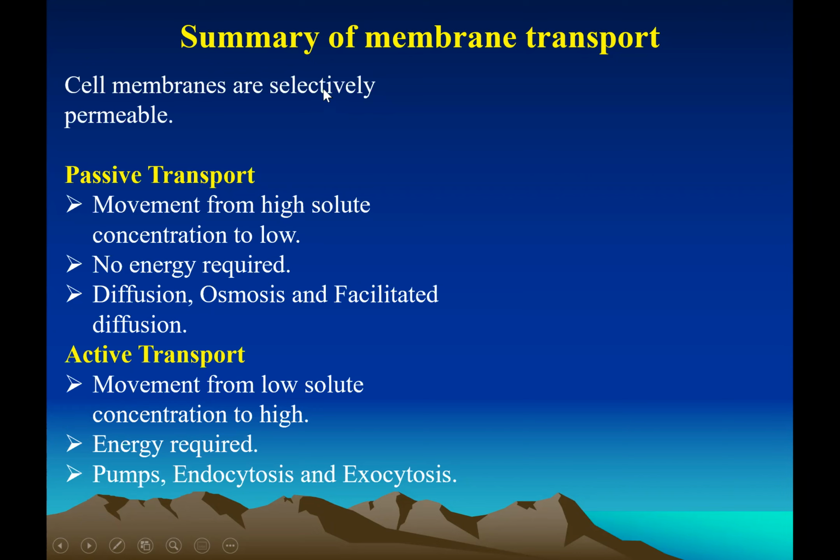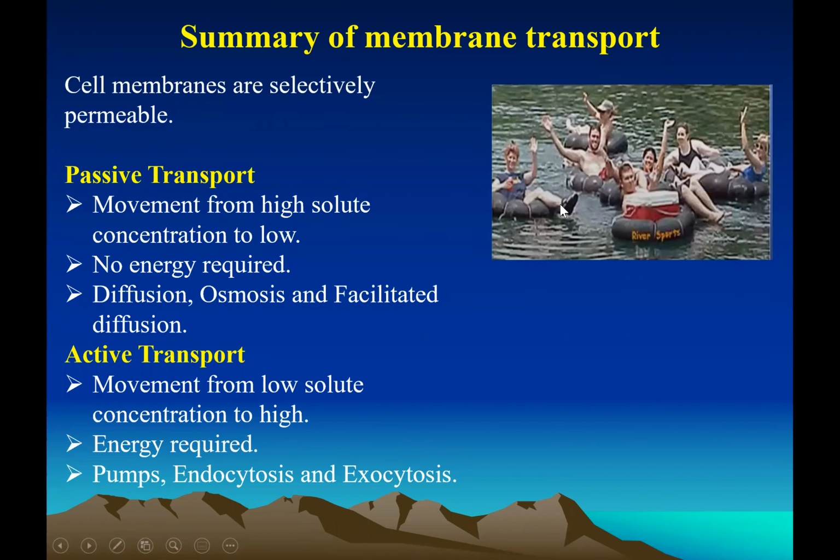In active transport, if it is going against the concentration gradient, it will require ATP energy. Passive transport is movement from high concentration to low concentration. No energy is required, and examples we saw were diffusion and osmosis.